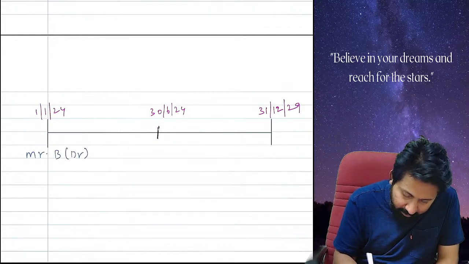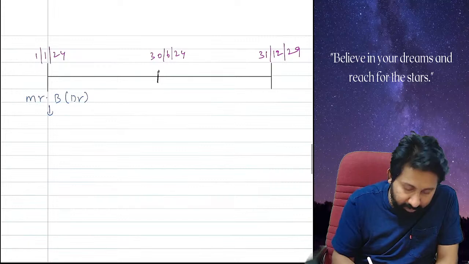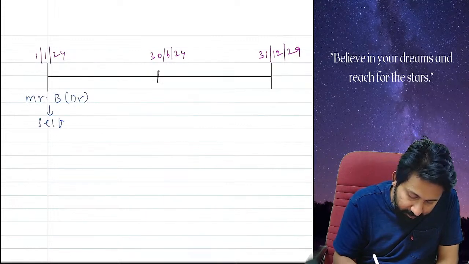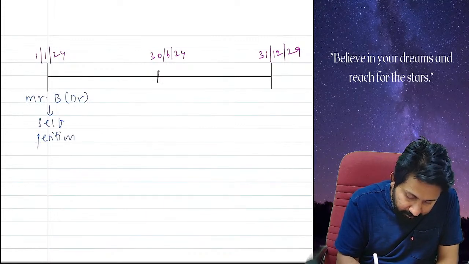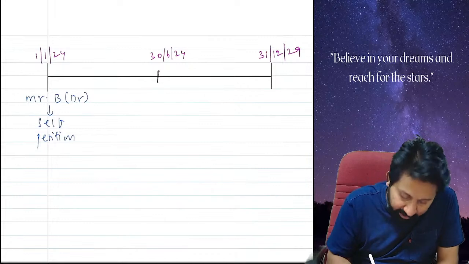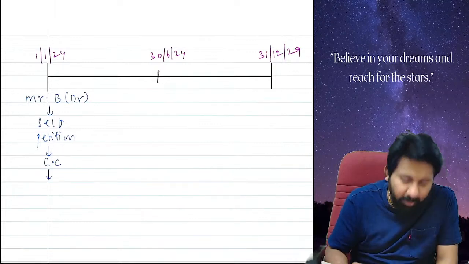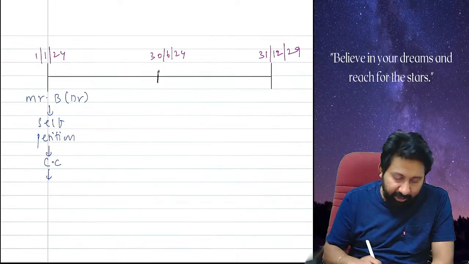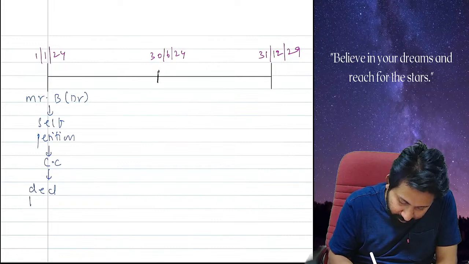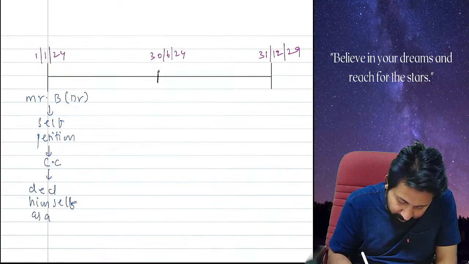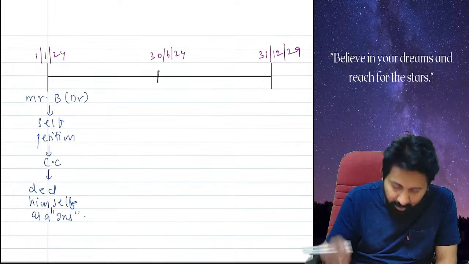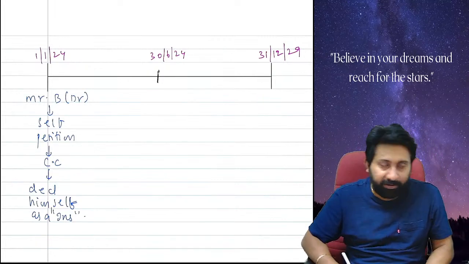Mr. B, the debtor, files a self petition in a competent court, obviously DRT, to declare himself as insolvent.